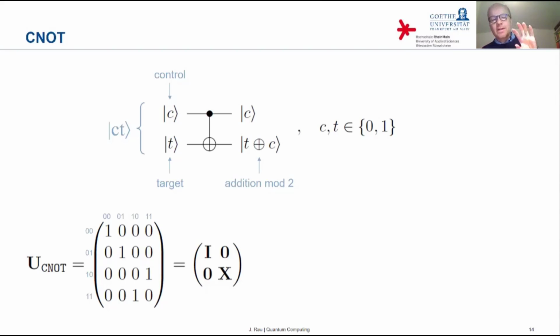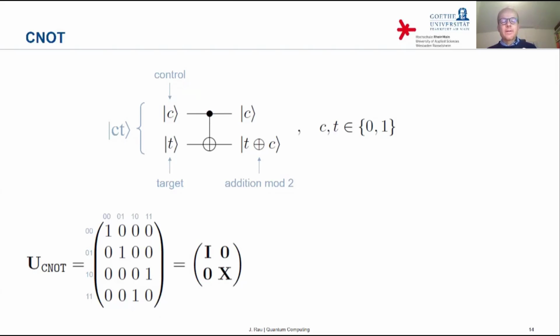Yeah? So you have the 2x2 unit matrix in the upper left corner and the Pauli X matrix in the lower right corner. And from this 4x4 matrix, you can see precisely what this gate does for each basis state in the 2-qubit Hilbert space.